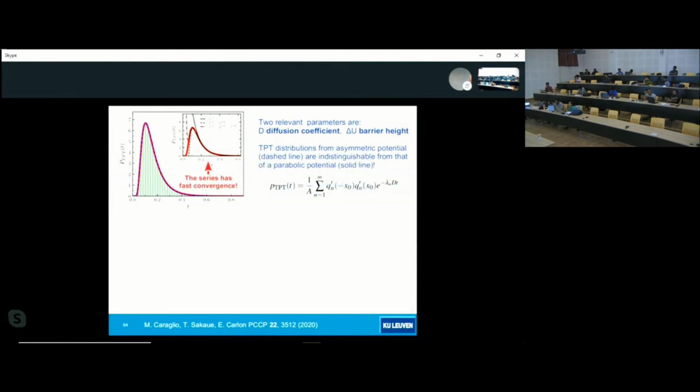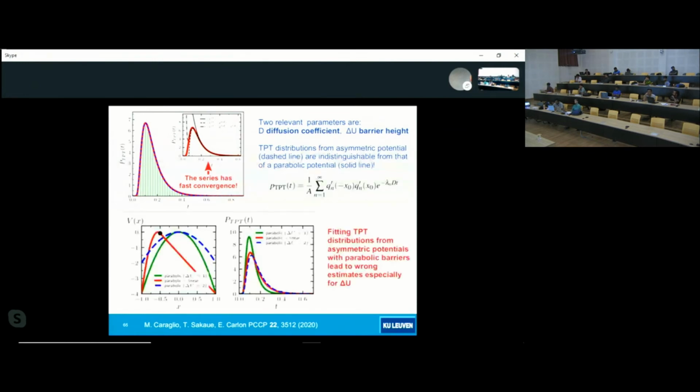The exponential decay of course does not capture the turnover of the red curve. It only goes exponentially, with a maximum at 0, and then the next terms follow. The inset shows that you need only five or six of these terms to capture the whole transition path time distribution.